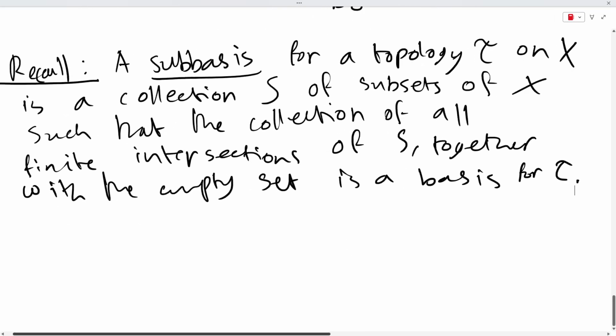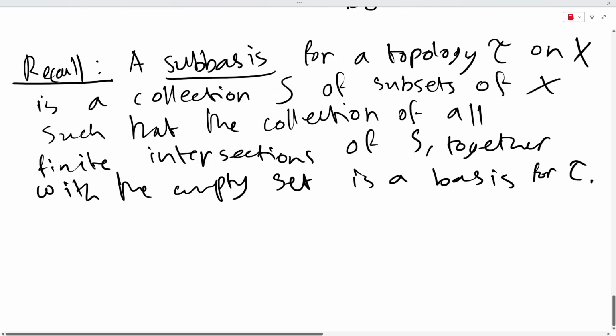So it's basically like if you have a collection S of subsets of X, and you take the collection of all finite intersections of S, and it also has the empty set, then that's a basis for tau.